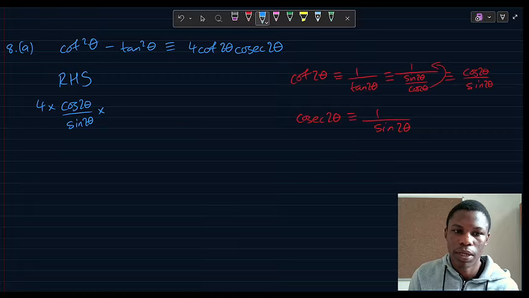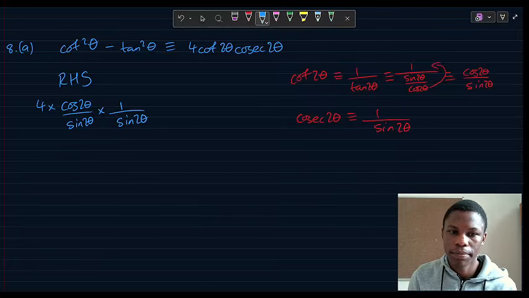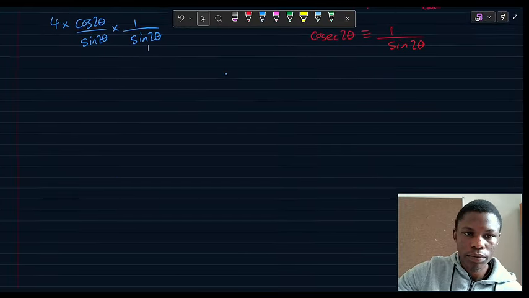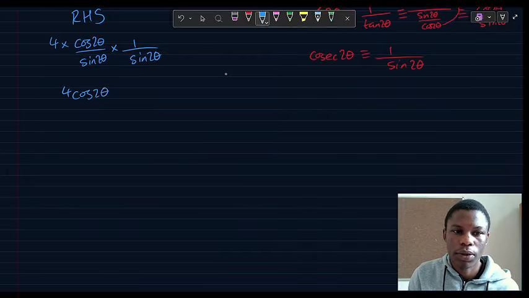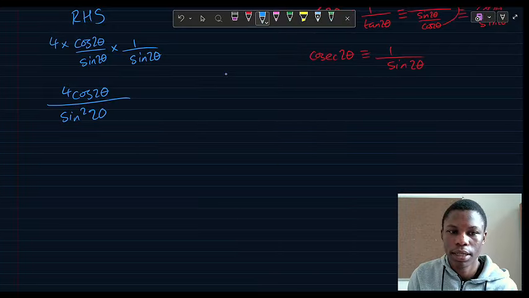So I know I'm multiplying by 1 over sine 2 theta. Okay. And so if we simplify this, this is 4 cos 2 theta over sine squared 2 theta.